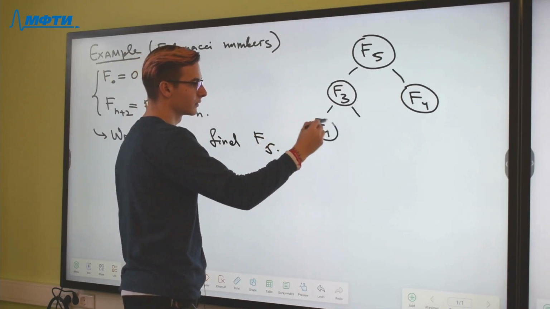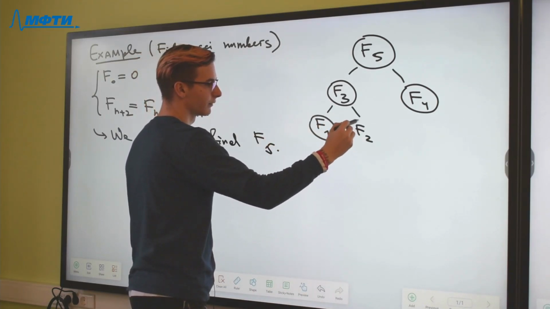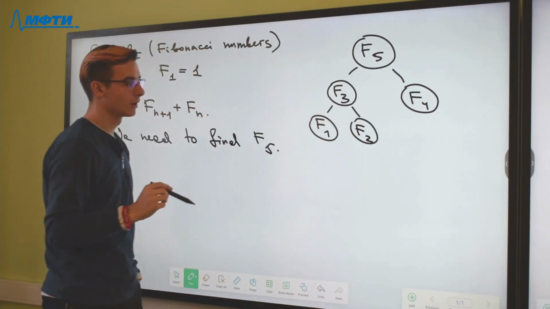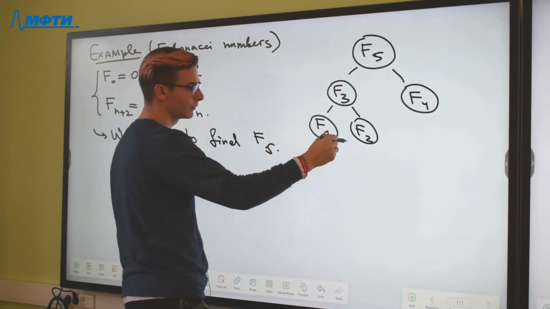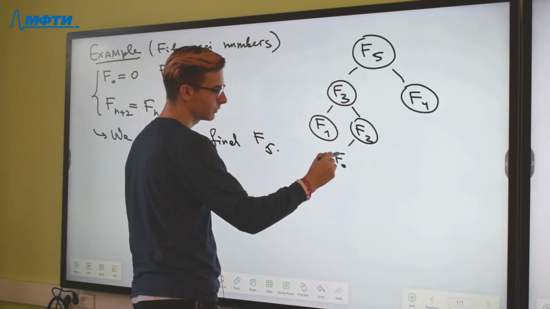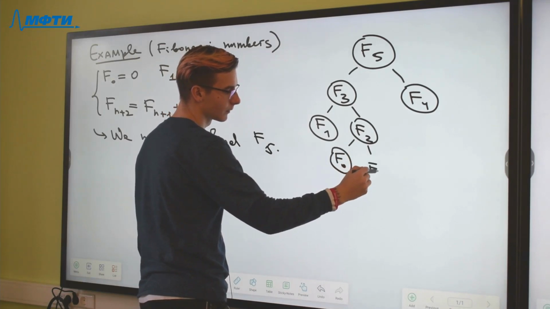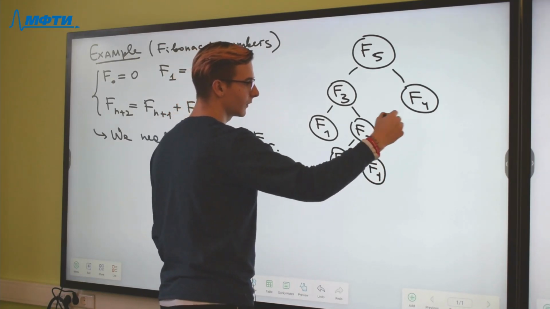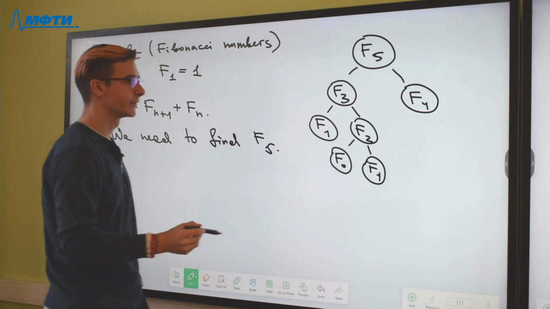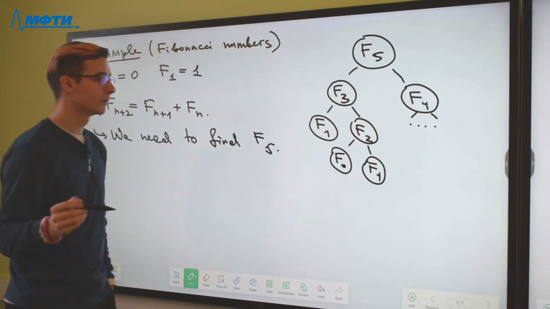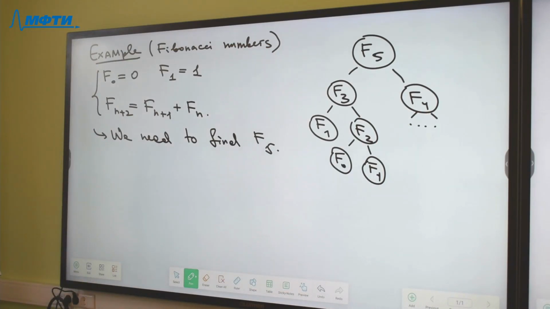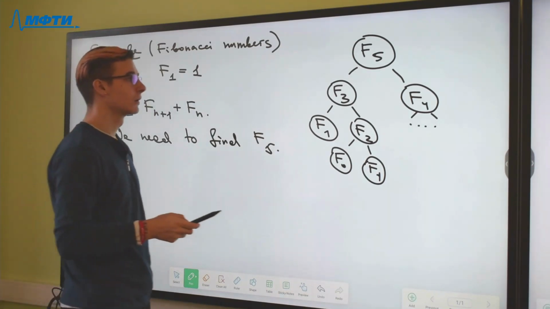We say that it is equal to f1 plus f2. f1 we know, f2 we don't know, and we repeat it. And we repeat this algorithm for this part of the tree.